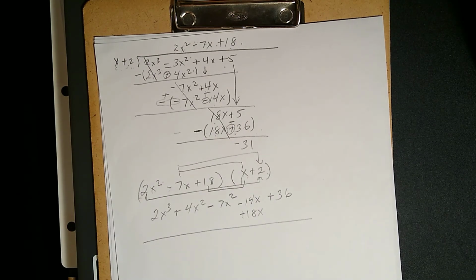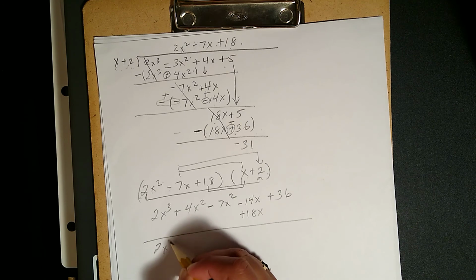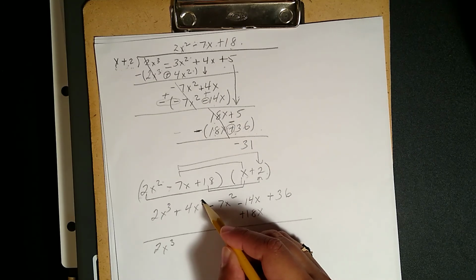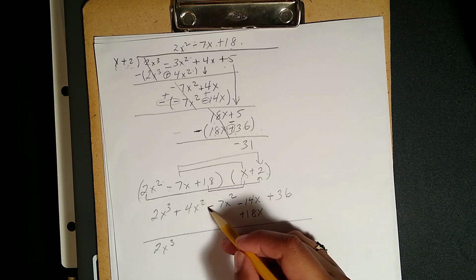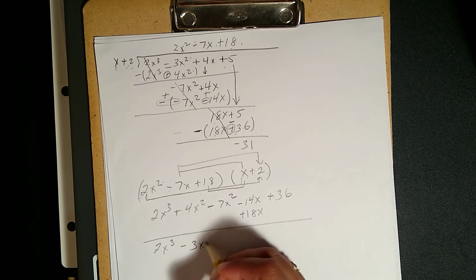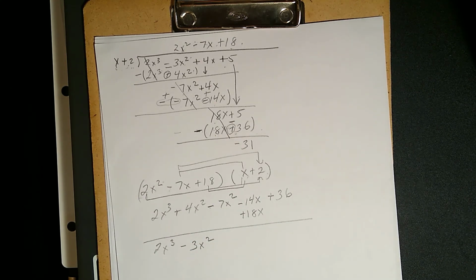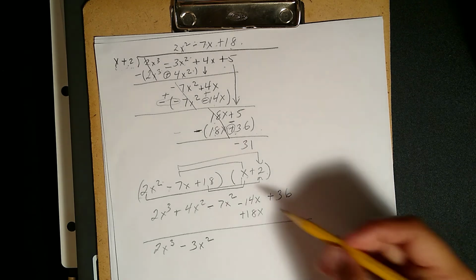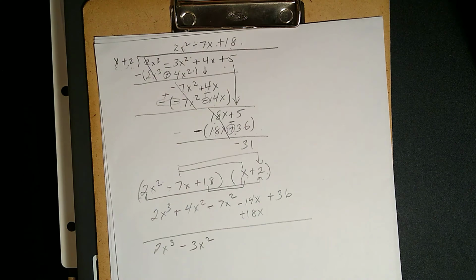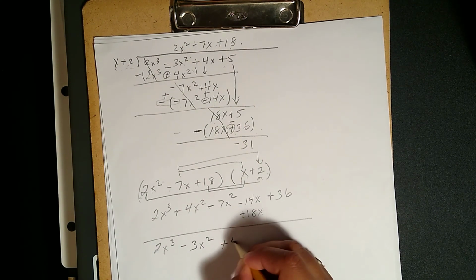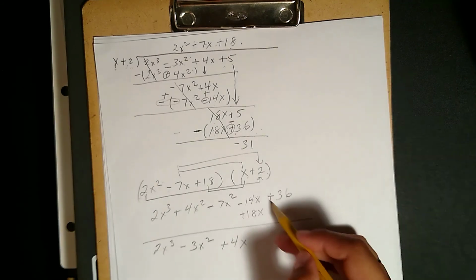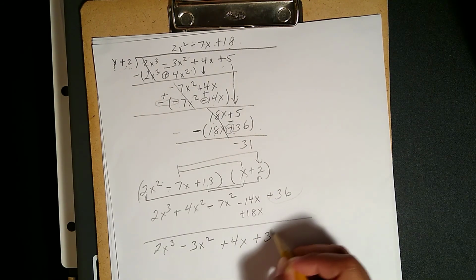Now you combine like terms. You have 2x cubed, 4x squared minus 7x squared will give you negative 3x squared. And like terms of negative 14x plus positive 18x will give you a positive 4x. And you have your positive 36.